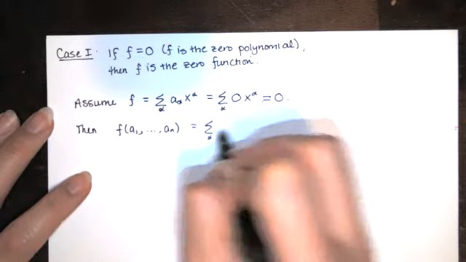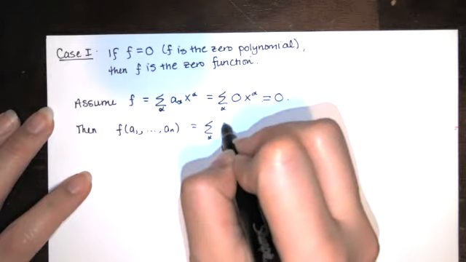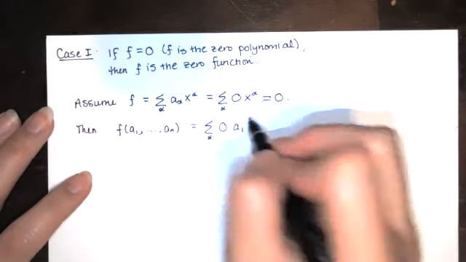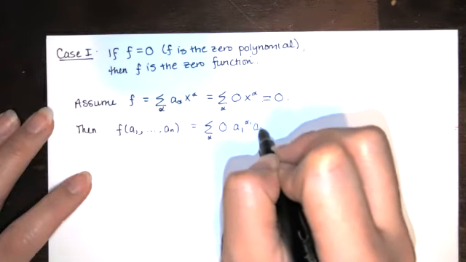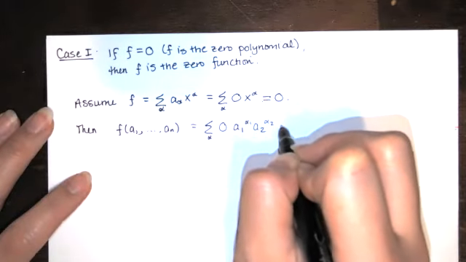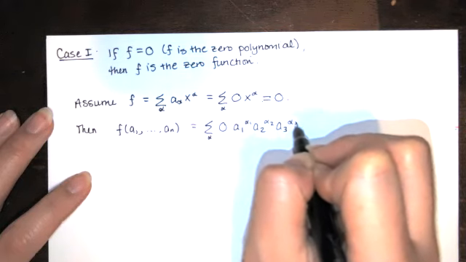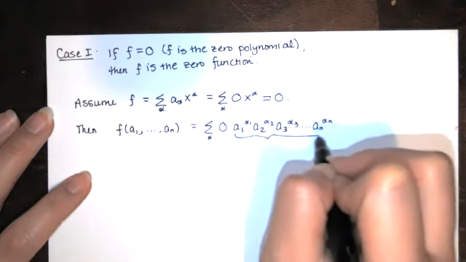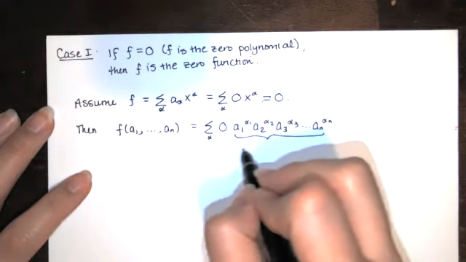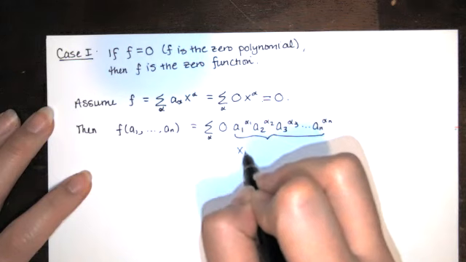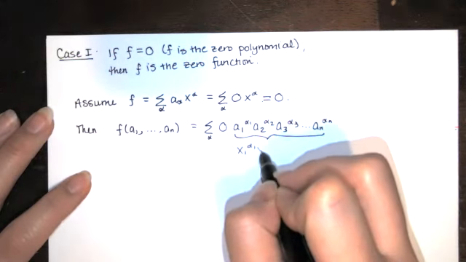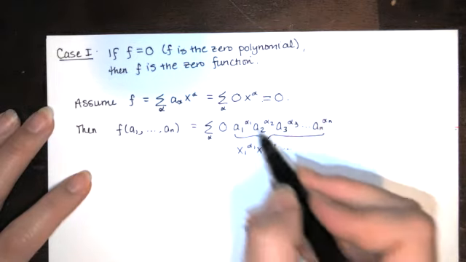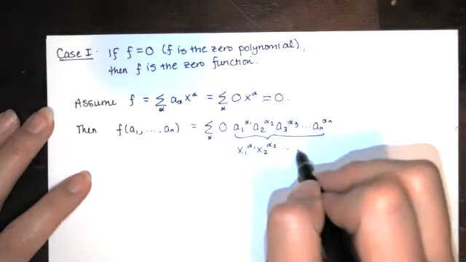This is going to be the sum over alpha of 0 times a sub 1 to the alpha 1 times a sub 2 to the alpha 2 times a sub 3 to the alpha 3, all the way through a sub n to the alpha n.